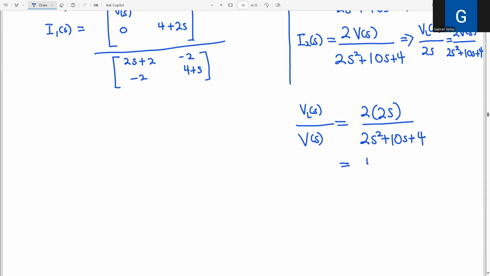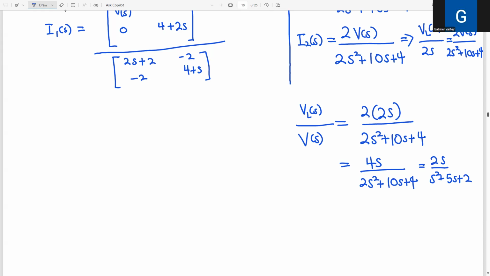And it gives you 4S all over 2S squared plus 10S plus 4. Now, surely you can break it down: 2S squared plus 5S plus 2. Then this is your transfer function.